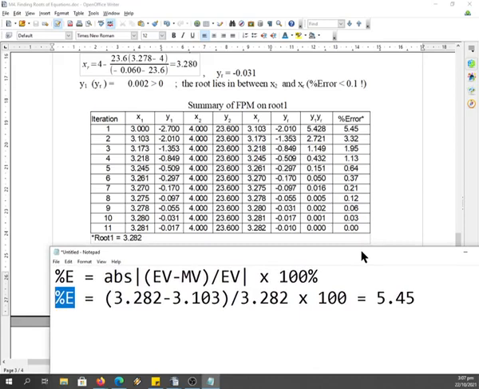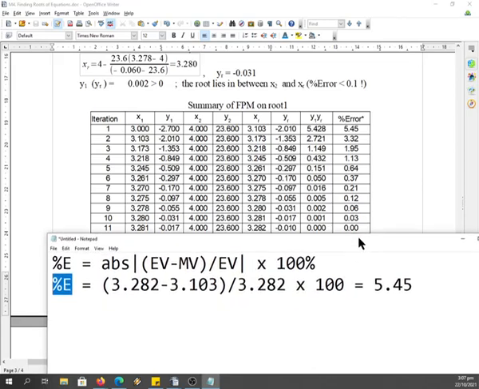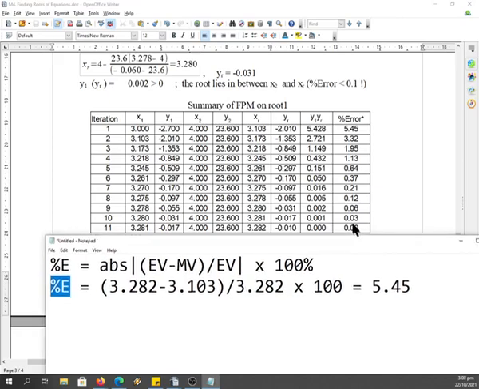I think 11 iterations. That is already 0.000 something. It's not recorded anymore since I'm using 2 digits after the decimal point. It's already 0.00 something, so in this presentation, it is just presented as 0.00.